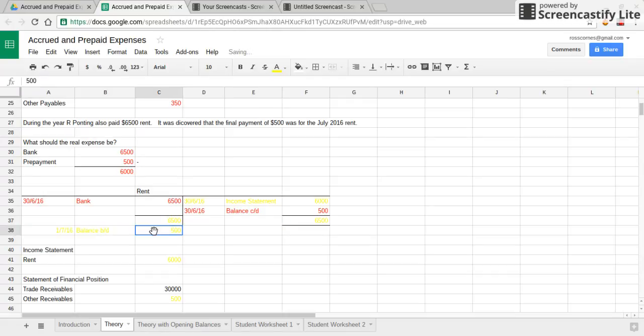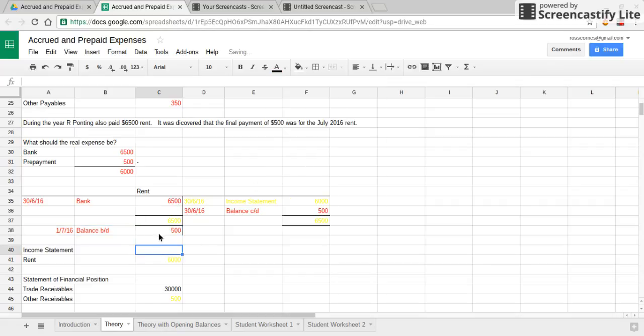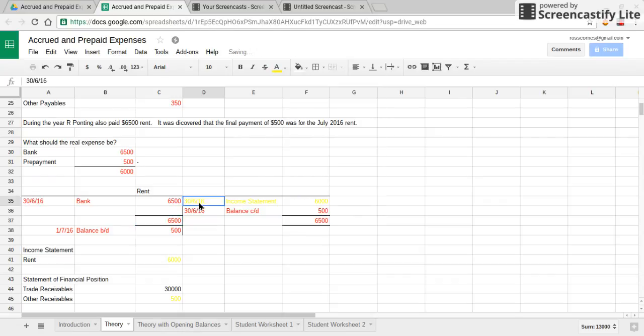And it goes on the credit side because next year it's going to be an asset to the business, and also in the accounts it's going to be an asset to the business. So the balance brought forward has to go on the debit side, reflecting the fact that the business has an asset of either being owed the money back for the rent or getting the rent, and therefore the account balances off in this case at $6,500, and therefore the amount appearing in the income statement will be $6,000.